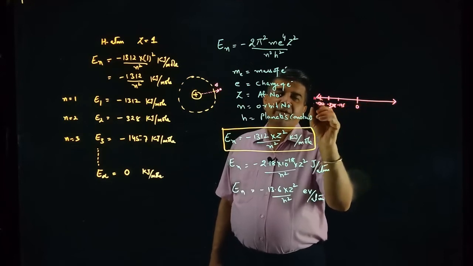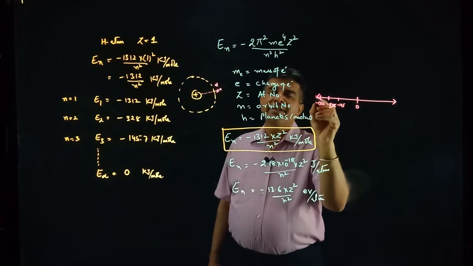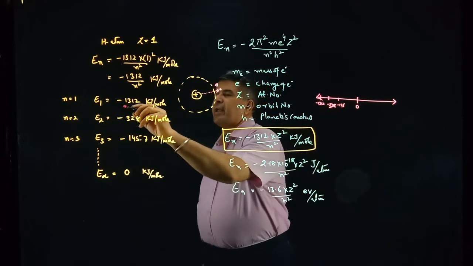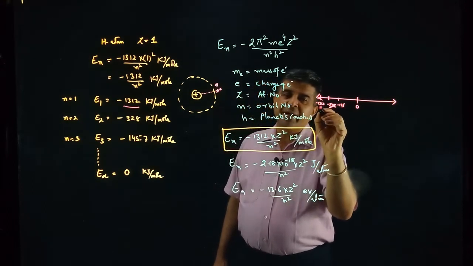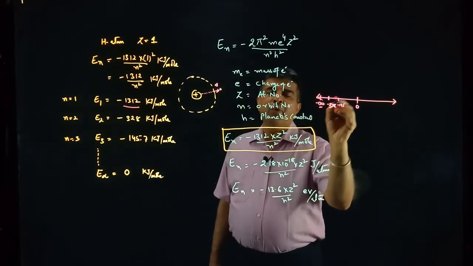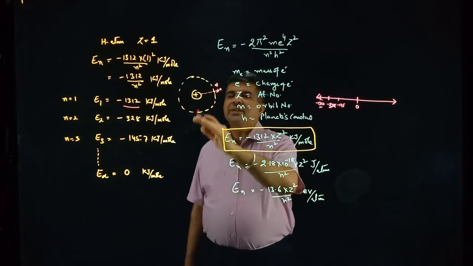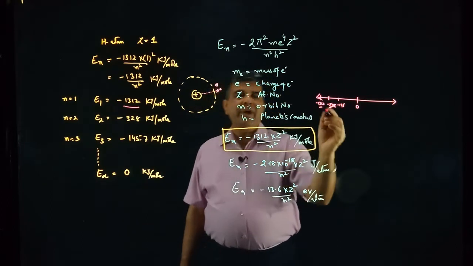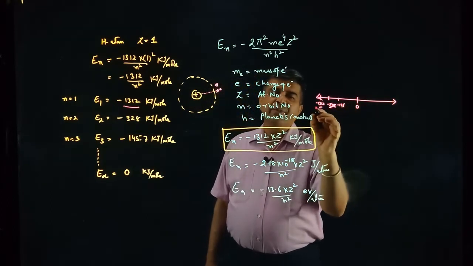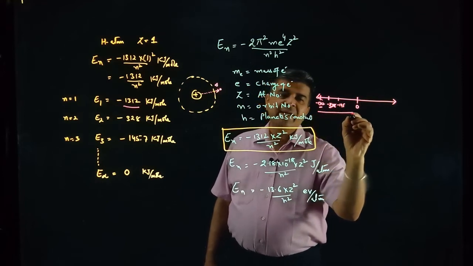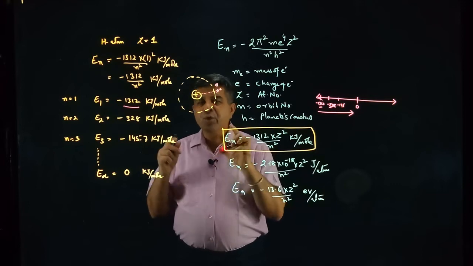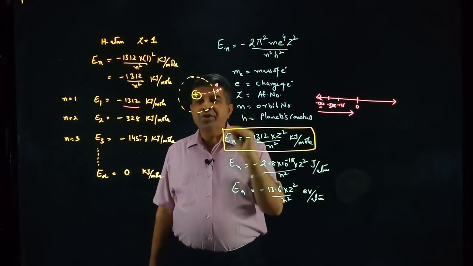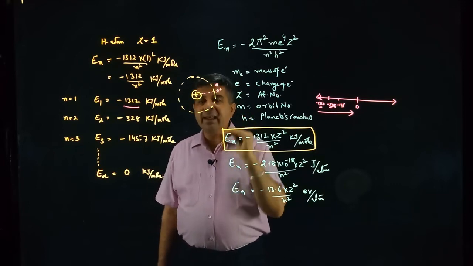So when the electron is present in the first orbit, it has lowest energy, and when it approaches towards the outer orbitals, the energy of electron is increased, because we are moving from minus sign to 0. So when the electron is present near to the nucleus, the energy of the electron would be least.